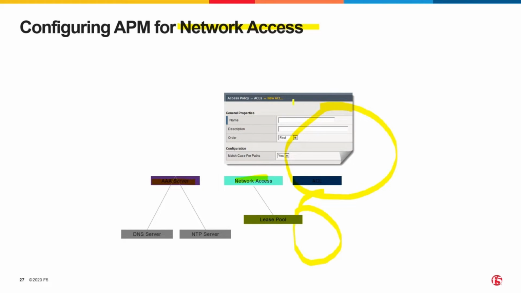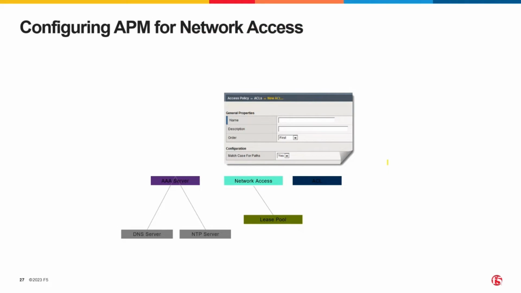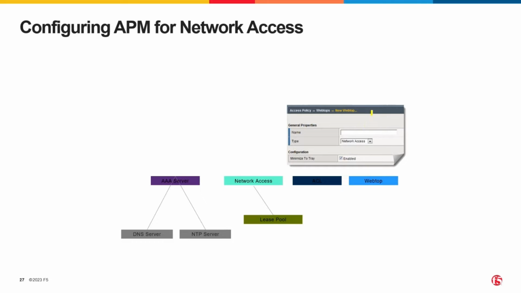All the configuration for that, maybe some kind of ACLs telling which traffic should be allowed, which traffic should be blocked. So you can achieve something like firewalling on BIG-IP, of course. So we can build your ACLs based on layer 3, layer 4, and layer 7 as well. So we can decide where exactly the user has access or not.